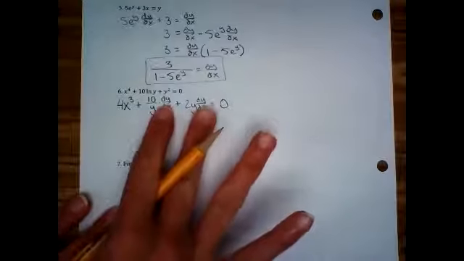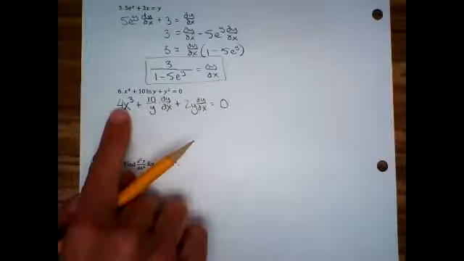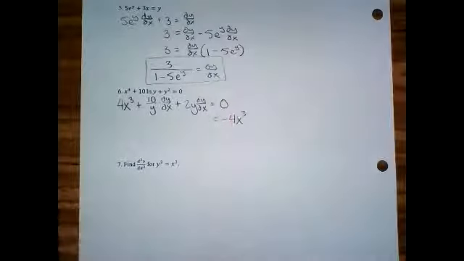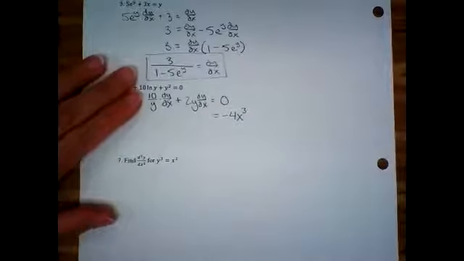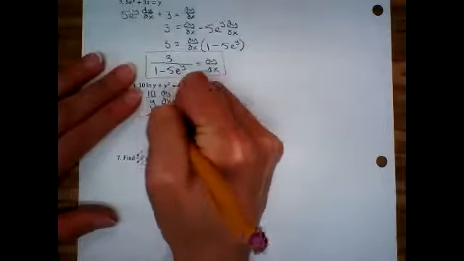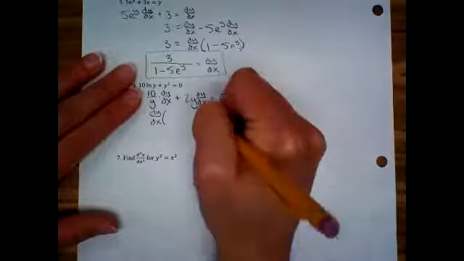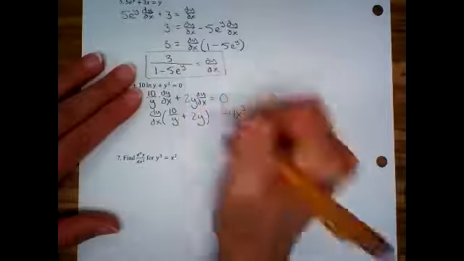All right, so these two terms have a dy/dx. I'm going to leave them where they are. I'm going to subtract the 4x cubed over to the other side. So that's gone, that's taken care of. And then we're going to factor dy/dx out of what's left. And so that would leave us with 10 over y plus 2y.